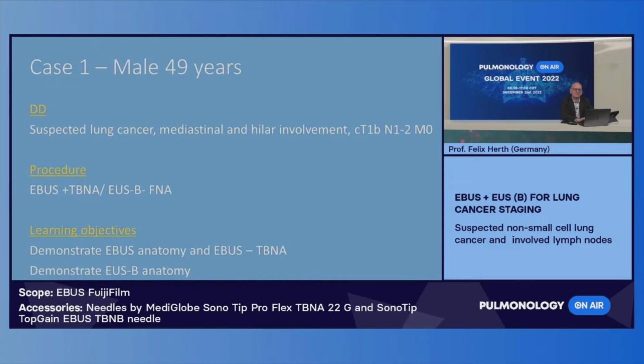The goal of this procedure is to perform an EBUS and an EUS-B, do a systematic evaluation of the mediastinum, and specifically have a focus on the region paratracheal to the right, 4R, 10R, 11R, get tissue out of it, and find out if we can do diagnosis and staging of lung cancer just using the EBUS scope.